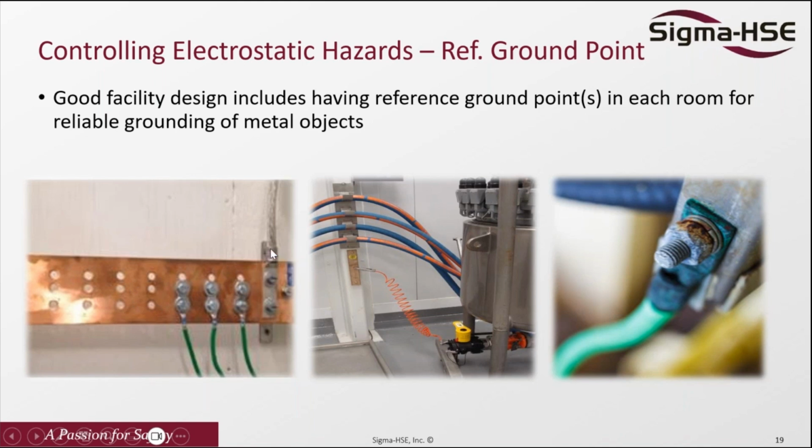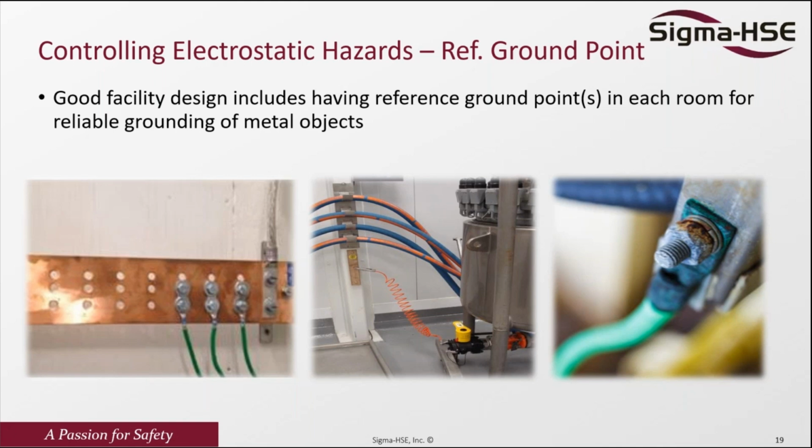This is supposed to be zero potential, with a maximum of 10 ohms from here to here. So everything here is actually grounded. You connect your various equipment to this bus bar, and the equipment will automatically be bonded and grounded. That is something that facilities can do. Or, as on the far right, you can connect the equipment to the ground itself to ensure that the equipment is grounded.